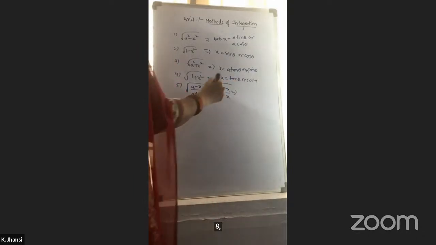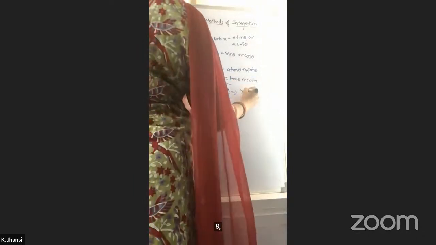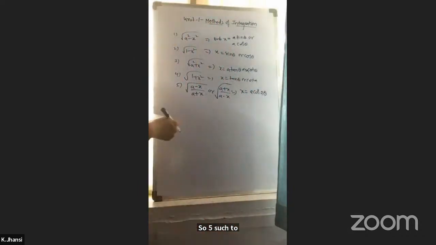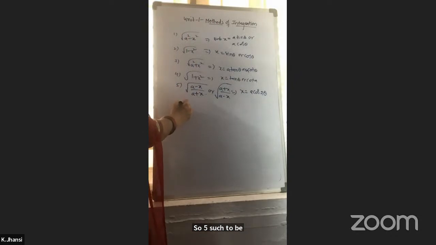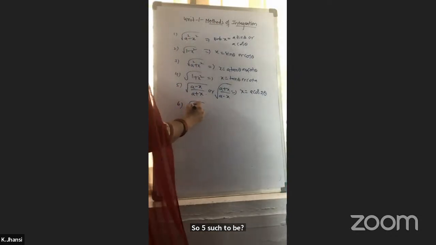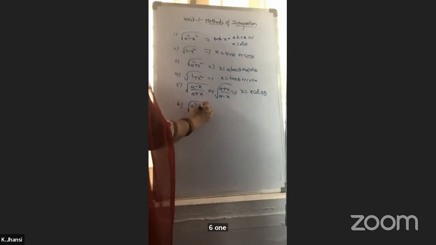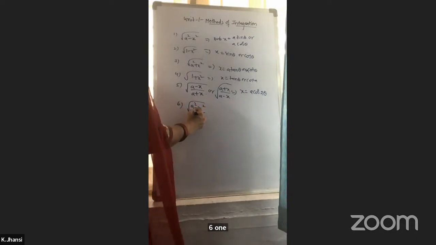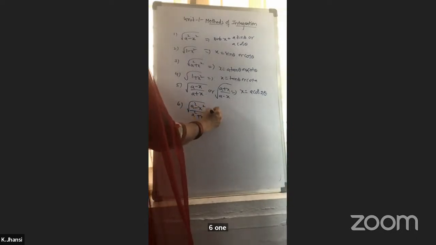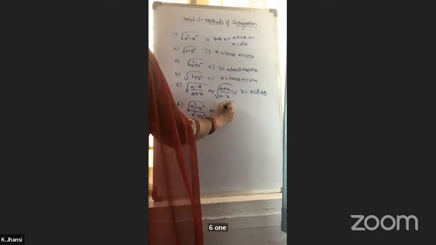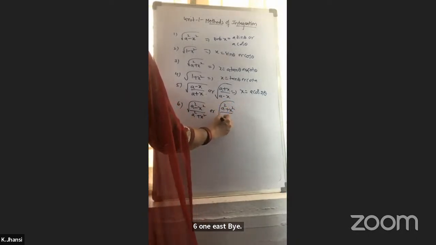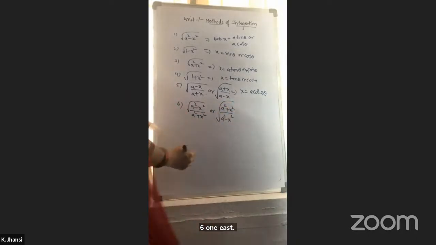Okay. So for such, you need to apply x equals to a cos 2 theta. Sixth one is root of a square minus x square by a square plus x square or root of a square plus x square by a square minus x square.